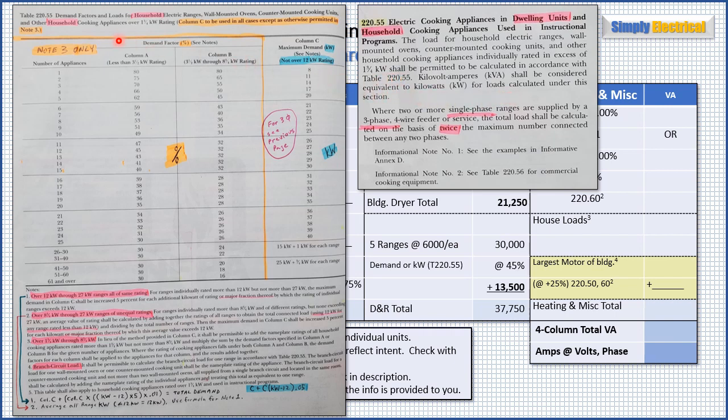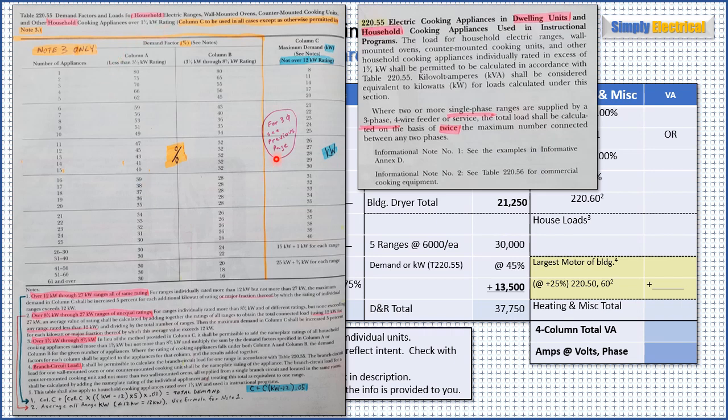Over here, Table 220.55 tells us we can use the demand factors in this table. Let's read it. It says demand factors and loads for household electric ranges, wall-mounted ovens, counter-mounted cooking units, and other household cooking appliances over 1 3/4 kW rating. Then it has a little parenthetical statement here: column C, to be used in all cases except as otherwise permitted in note 3. We'll come back to that in a sec.